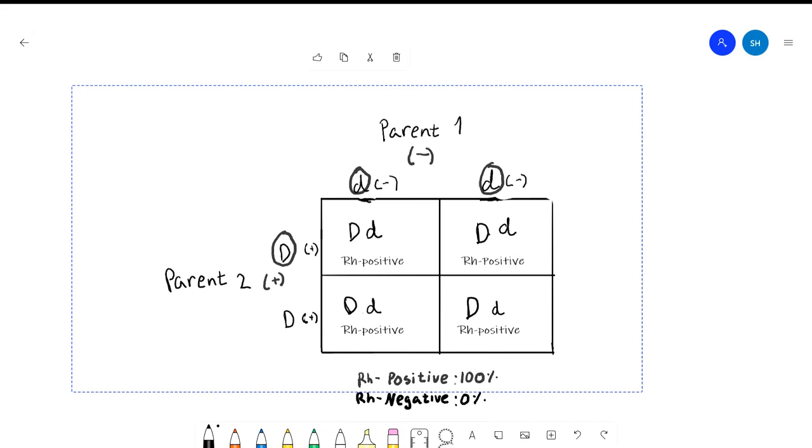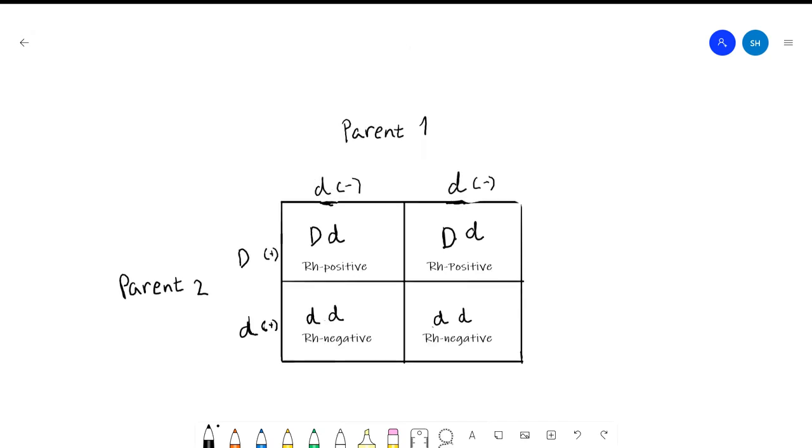That's the fourth possibility. This is the fifth possibility. In this case, parent 1 has a negative blood type, and parent 2 has Rh positive because he or she has at least one positive allele.